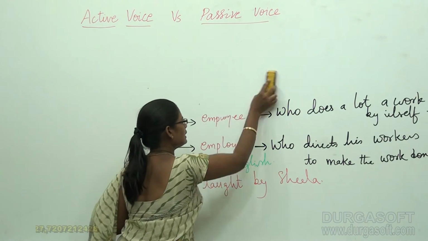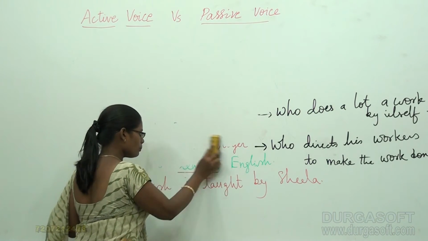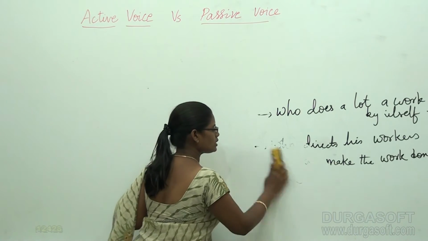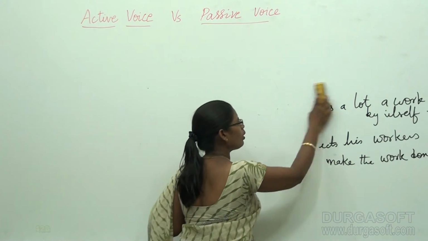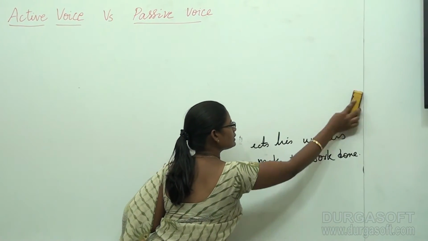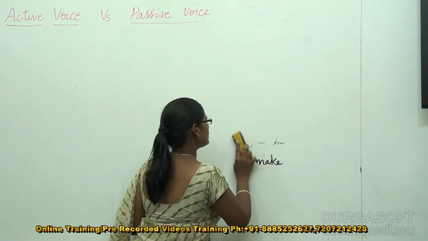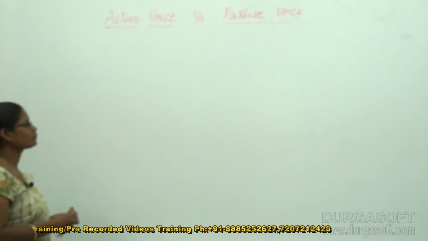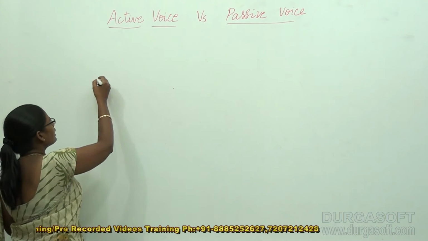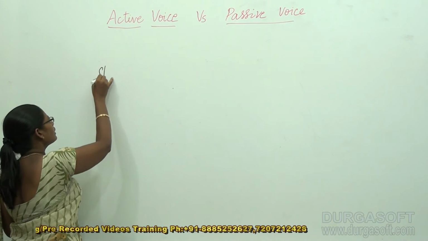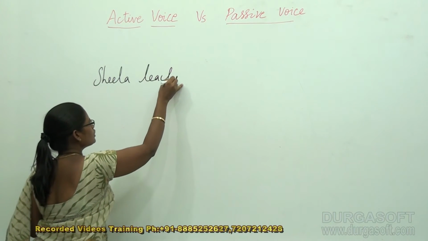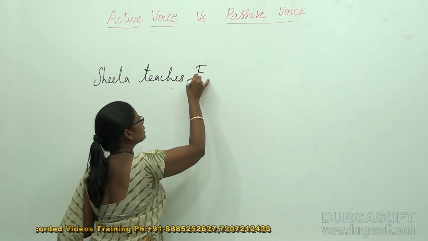Before explaining all the formations of active and passive voices, I would like to tell you why we call a respective sentence a passive voice sentence, and how we can identify that sentence in English grammar. What was the example that I took just now? Very good. Sheila teaches English.